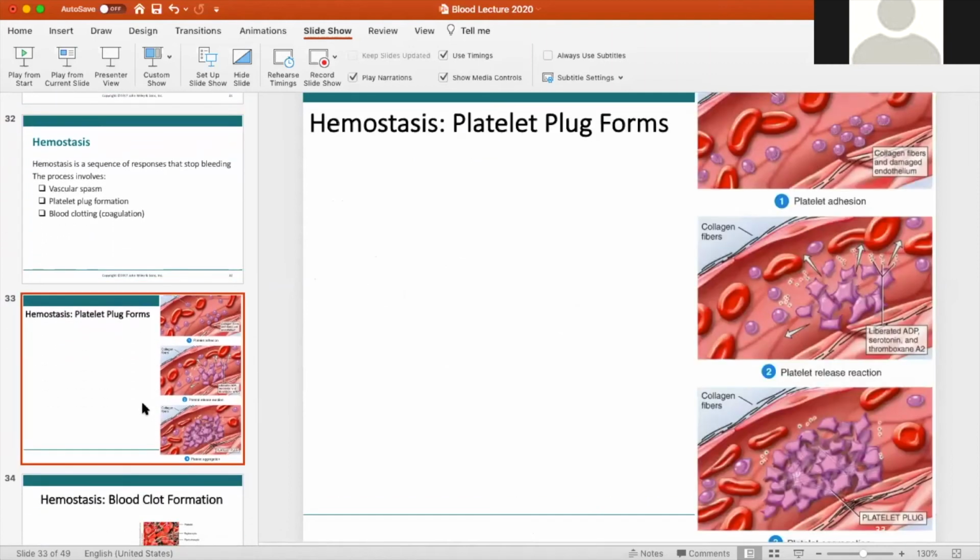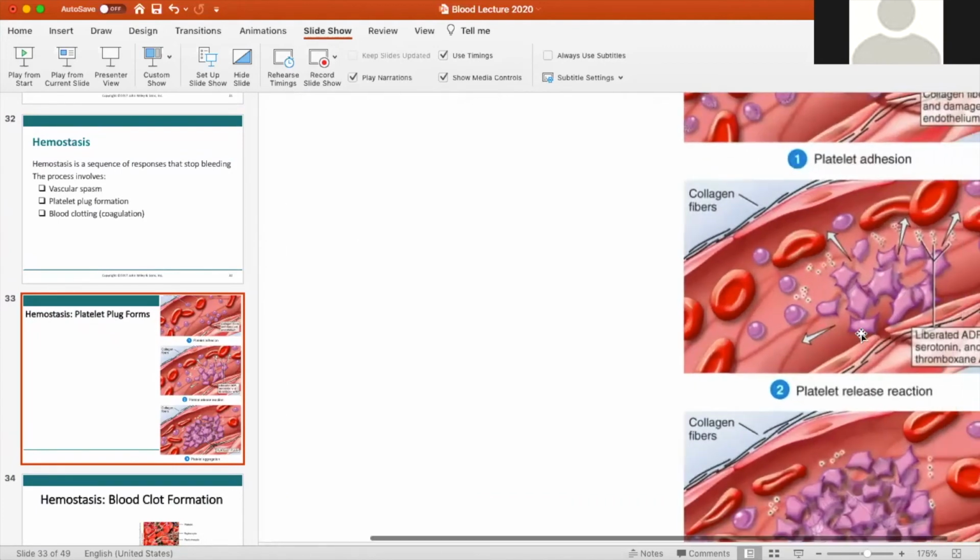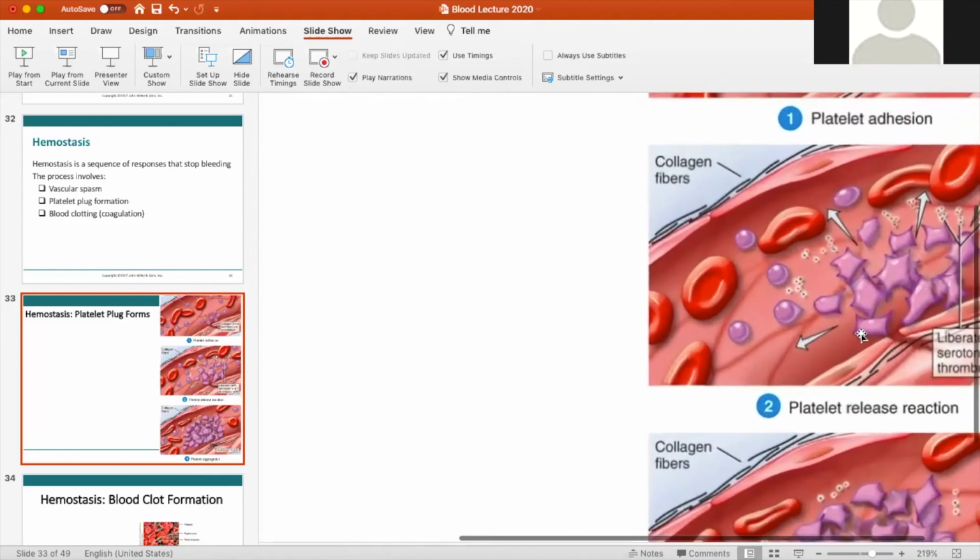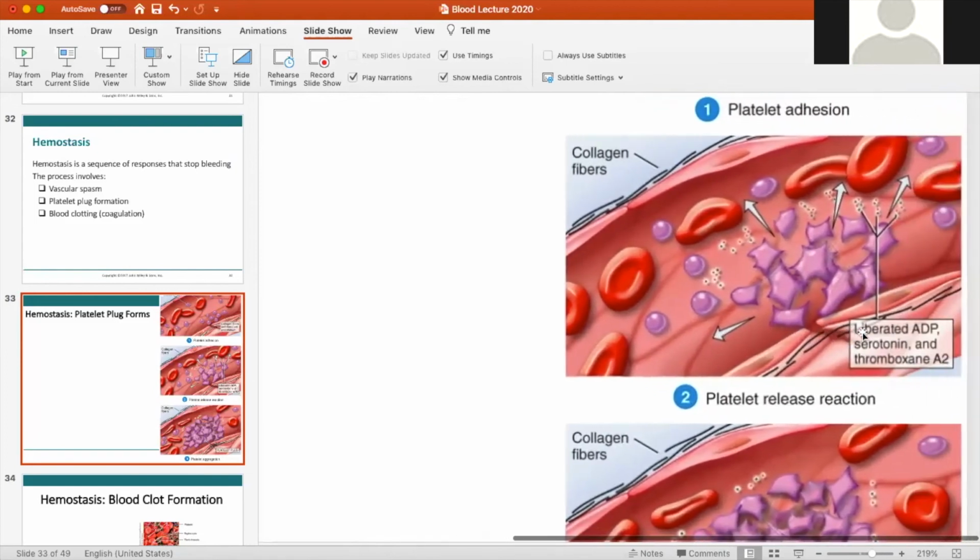So here we go. Here's our blood vessel, right? And we had our healthy blood vessel. Then we have our injured blood vessel. And if you see here, we have our collagen fibers on the outside and everything's being disrupted. Then they're releasing ADP and serotonin and thromboxane A2.